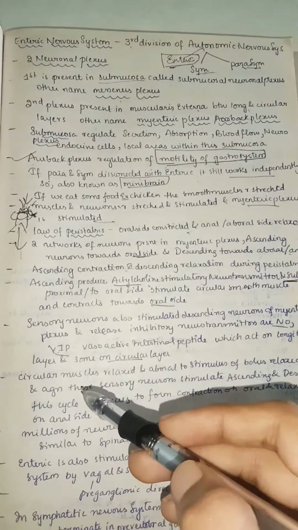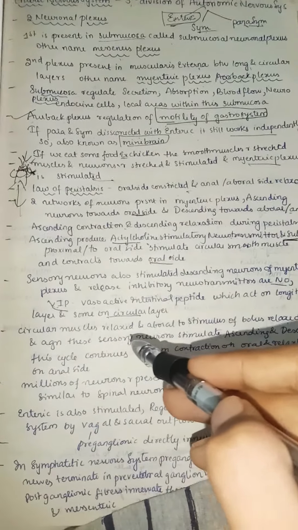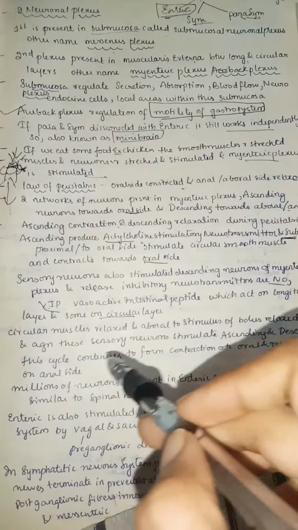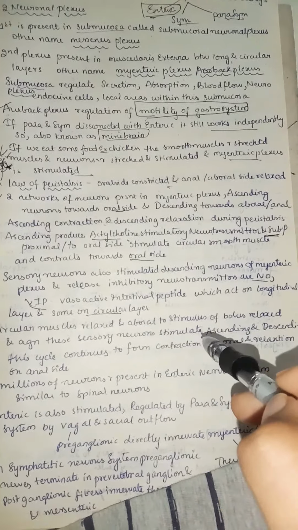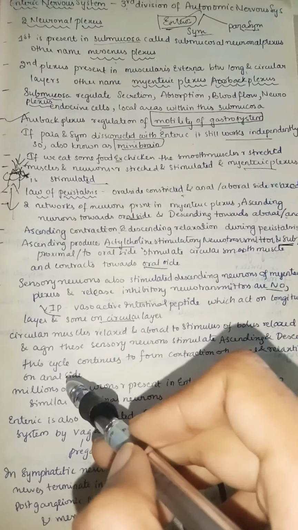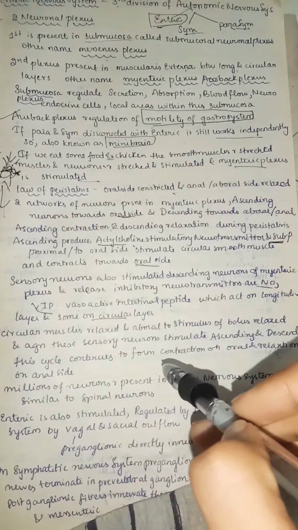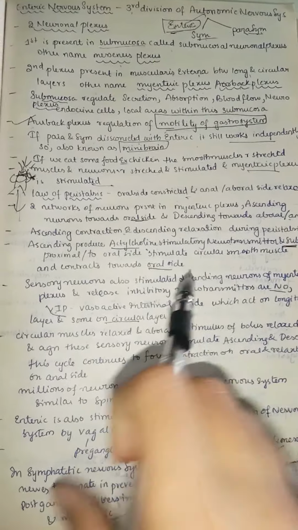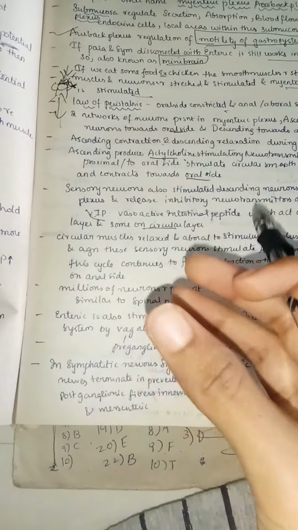So the circular muscles are relaxed aboral to the stimulus of the bolus, and again these sensory neurons stimulate the ascending and descending neurons. This cycle continues to form contraction on the oral side and relaxation on the anal side. So this is how the peristalsis movement takes place.